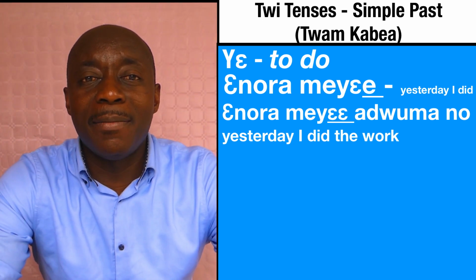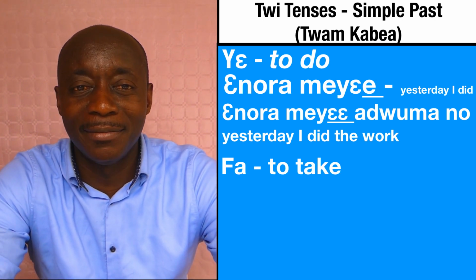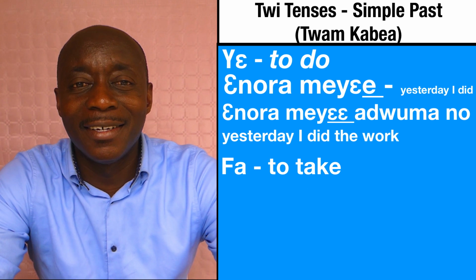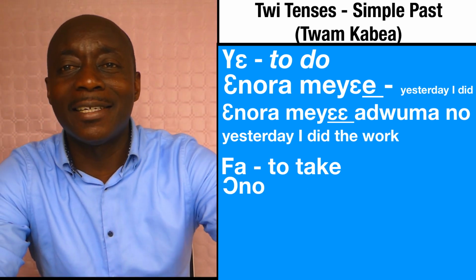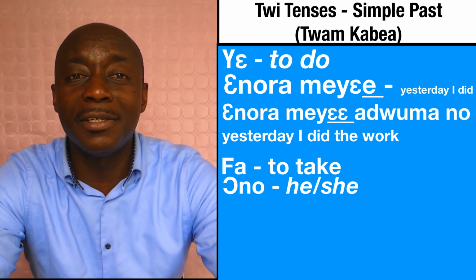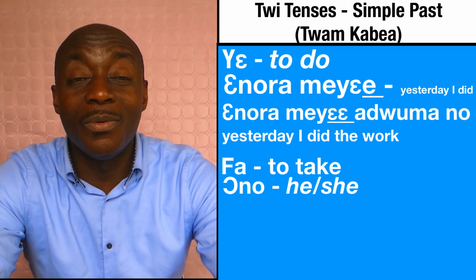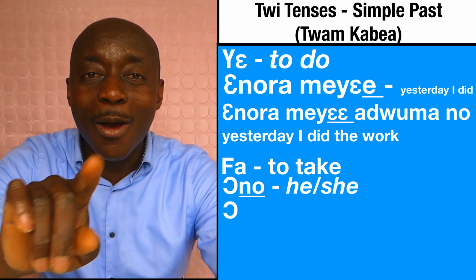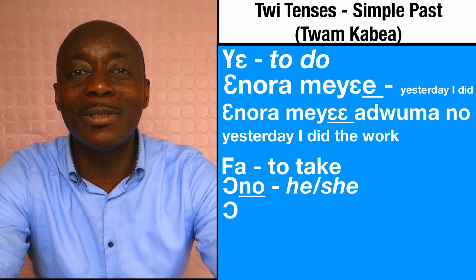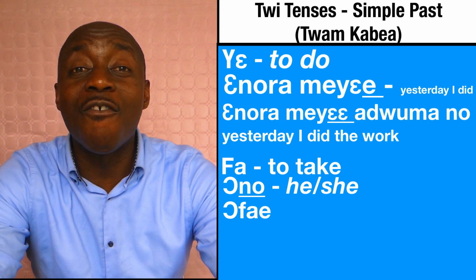Let's take another verb like fa, to take. Fa, to take. Good. And let's take ono, because that is the pronoun that mostly brings a little bit of difficulty. Good. Ono, we know ono will lose what? The no, and we get only o. So if you want to say he took it, then we'll say ofai.